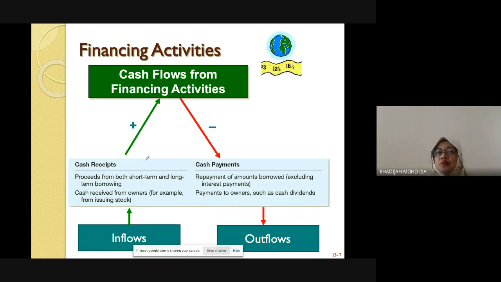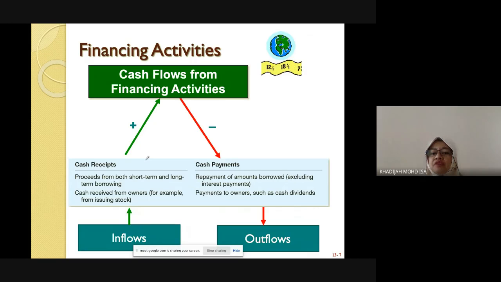Investors put money into the company, or when the company issues shares, whatever that you receive is cash receipt under financing. Remember that financing is talking about money borrowed from outsiders, it could be from the bank, or maybe the money invested by the shareholders, because all this money is used to finance the company.